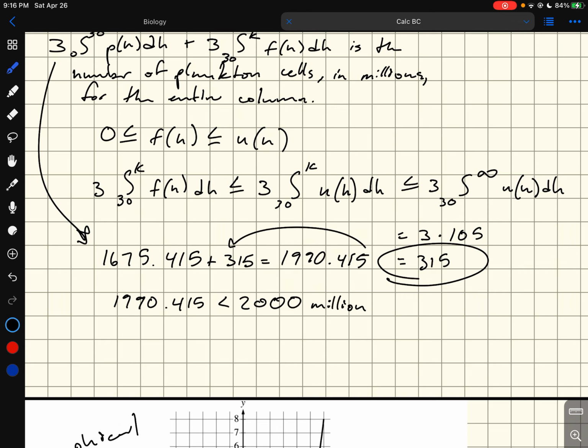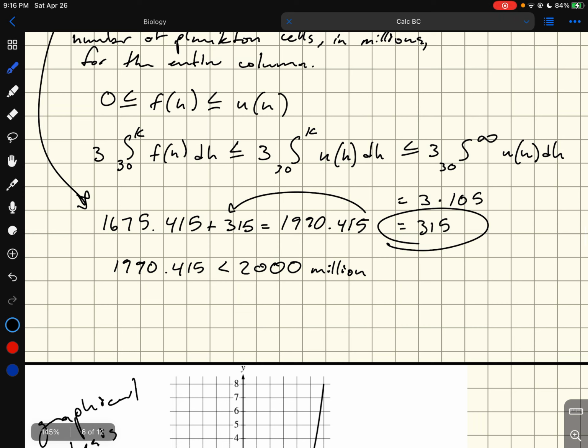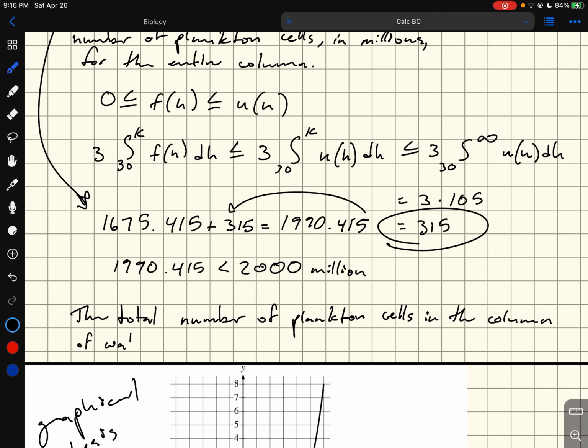So this in a sentence is, I would say, the total number of plankton cells in the column of water is bounded by 1990.415.